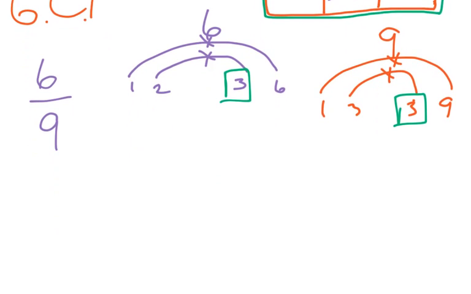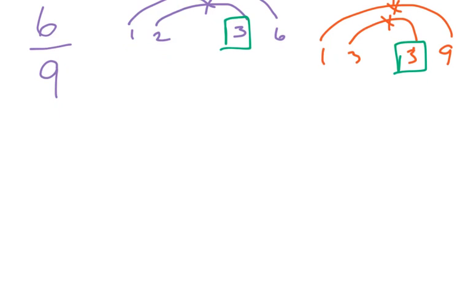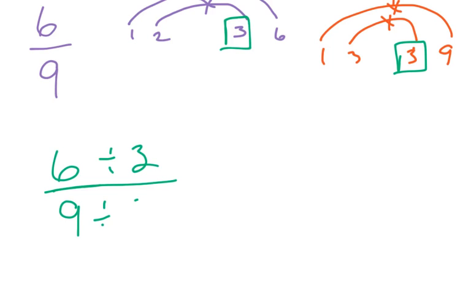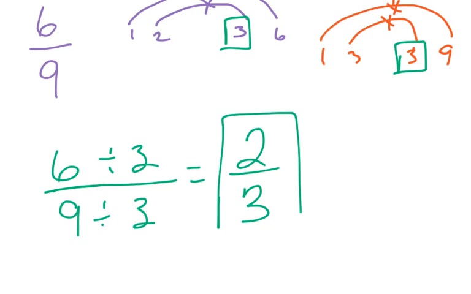So now, since the greatest common factor between 6 and 9 is 3, we're going to divide the numerator by 3 and the denominator by 3. Because remember, whatever we do to the numerator, we have to do to the denominator because we don't want to change what that fraction represents. So when we divide, 6 divided by 3 is 2. 9 divided by 3 is 3. And you see that we were able to simplify that to 2/3.